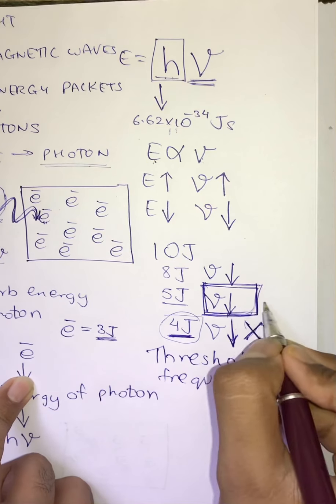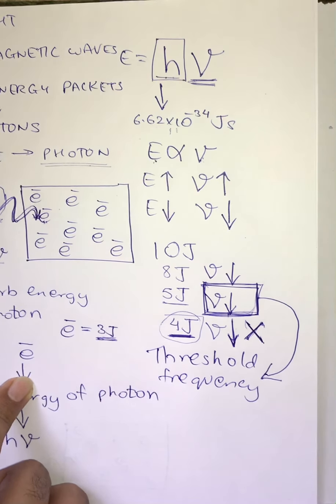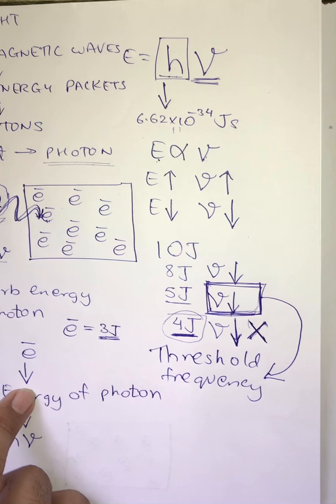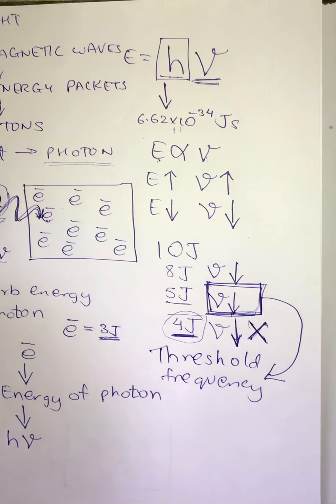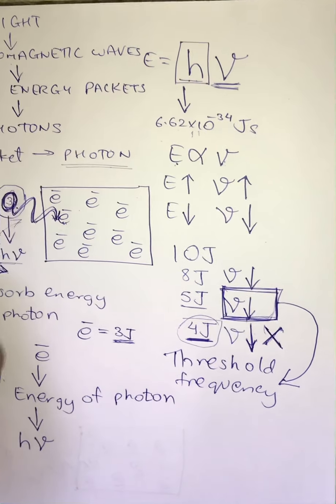Okay, so this frequency below which you cannot decrease the frequency is known as threshold frequency. Now if you want to define threshold frequency, how will you define it?